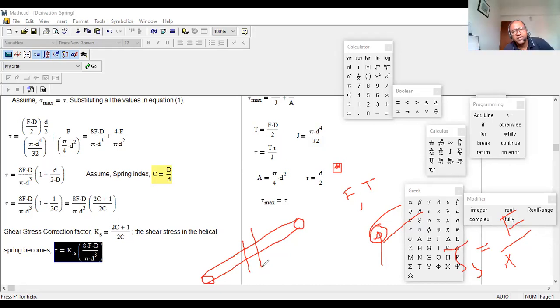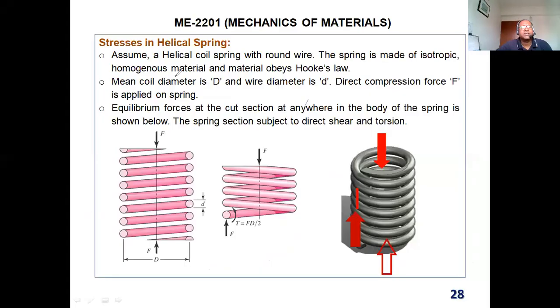And the torsional shear stress we derived before, did we apply that on a straight bar or a curved bar? Torsional shear stress formula, how did we derive it? Sir, straight bar. We derived it in a straight bar.